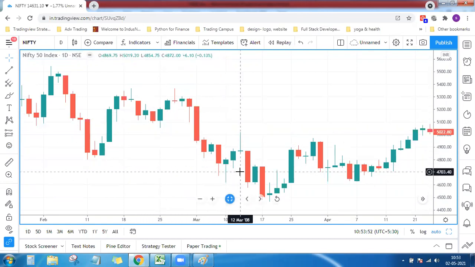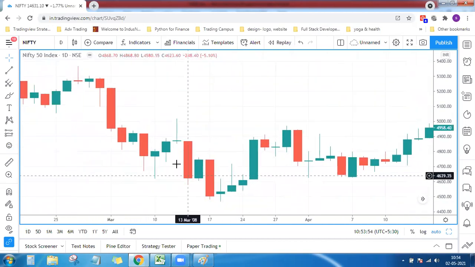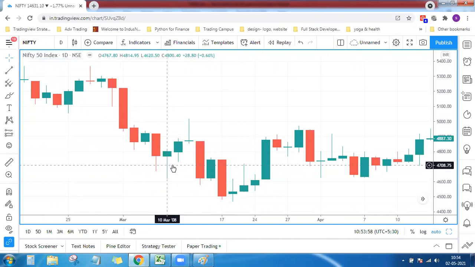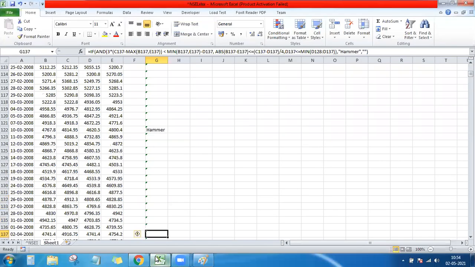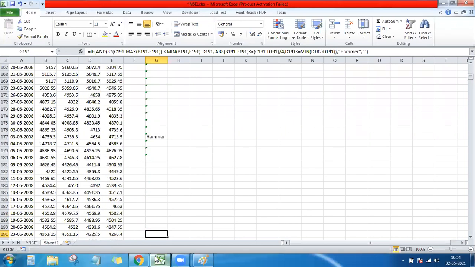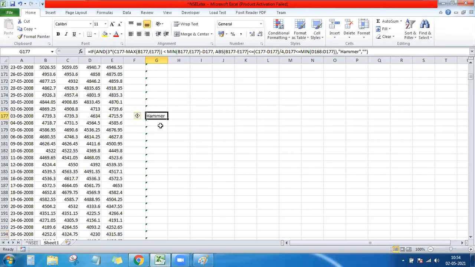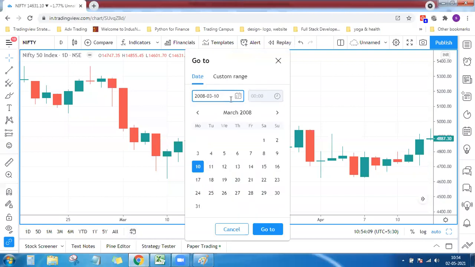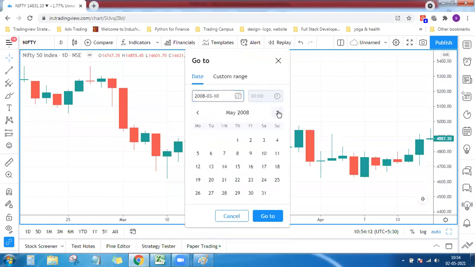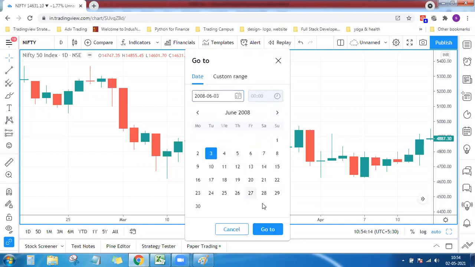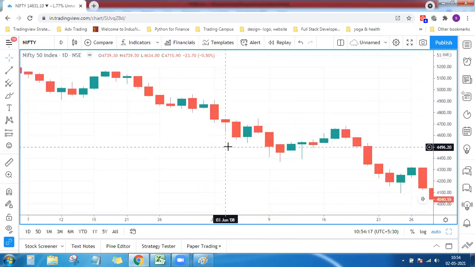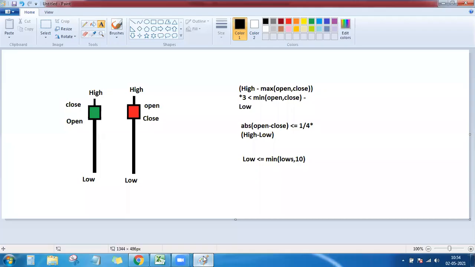The body is also very small and the upper shadow is almost negligible when you compare it with the lower shadow. Then 3/6/2008. Here it is. Prior to this, all the candles have lows which are higher than the hammer low, and there is no upper shadow at all. The body is also very small. So that was about the hammer pattern.